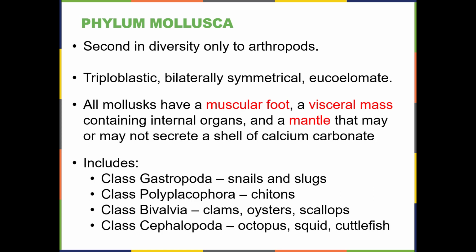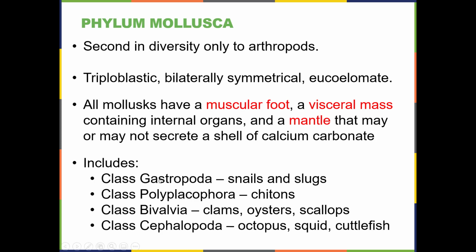So if you have a mollusk that has a shell, and a lot of them do, the mantle will be a thin tissue right next to that shell, because the shell is secreted from that tissue in a semi-liquid form, and then it hardens on the outer part of the animal. So those 3 parts, the foot, the visceral mass, and the mantle, are very telling. They're used to identify an organism as a mollusk.